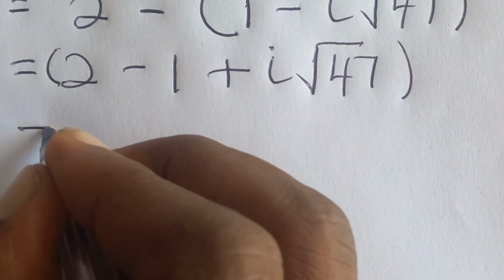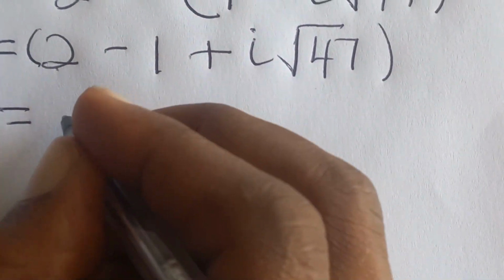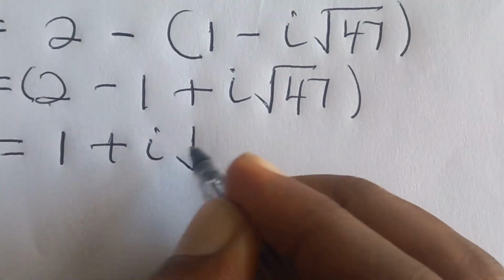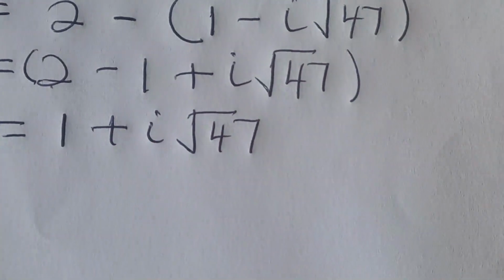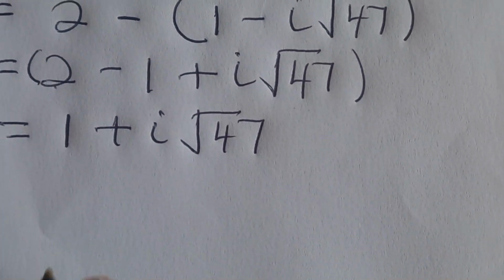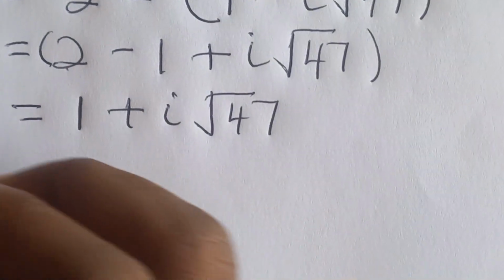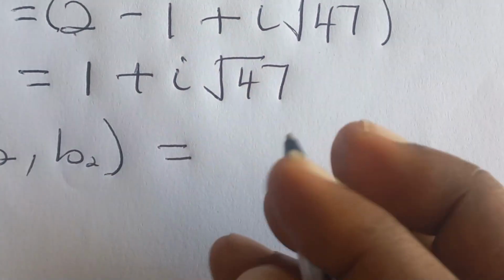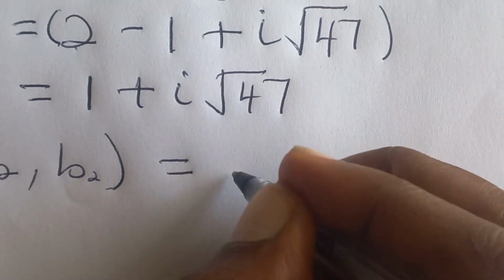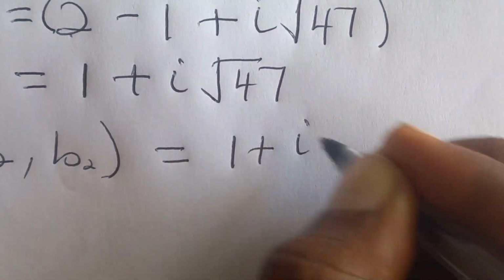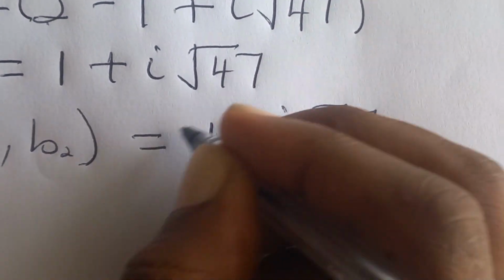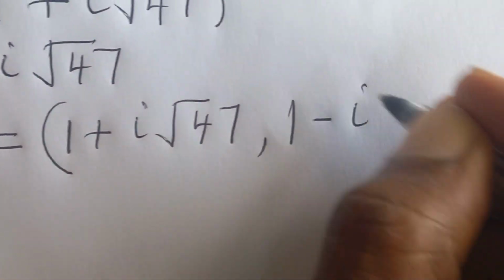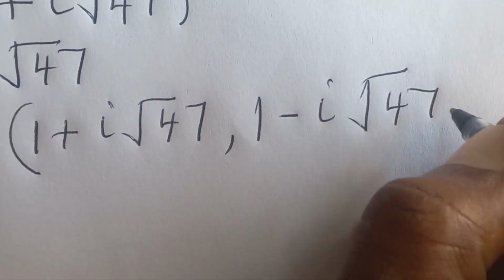So it's equal to 2 minus 1 is 1, plus i square root of 47. So our other set of answers, which is a2, comma b2, is equal to 1 plus i square root of 47, comma 1 minus i square root of 47.